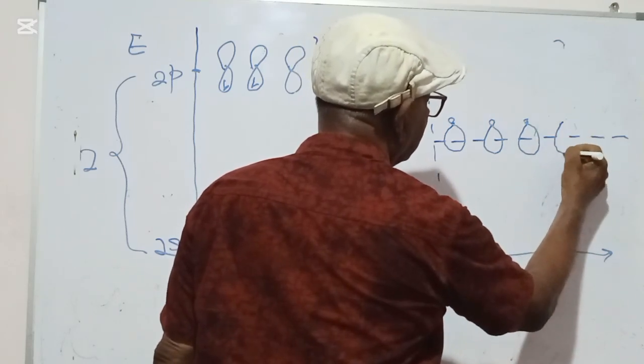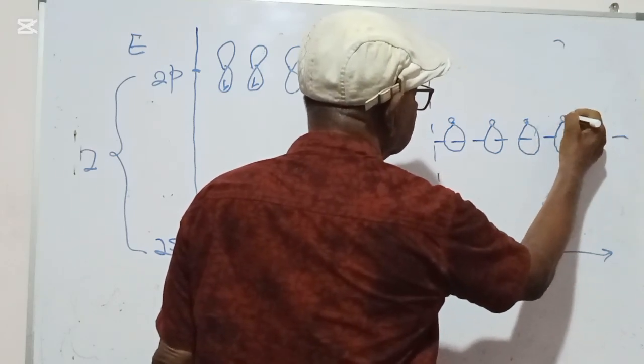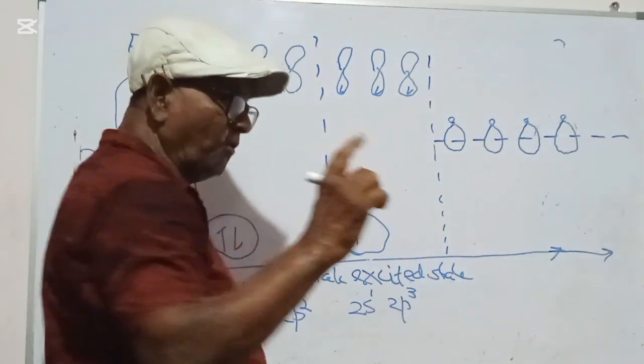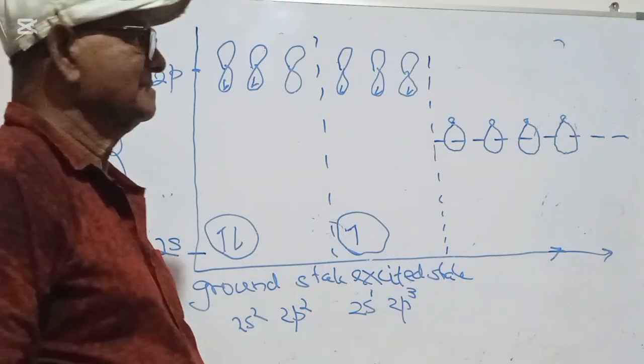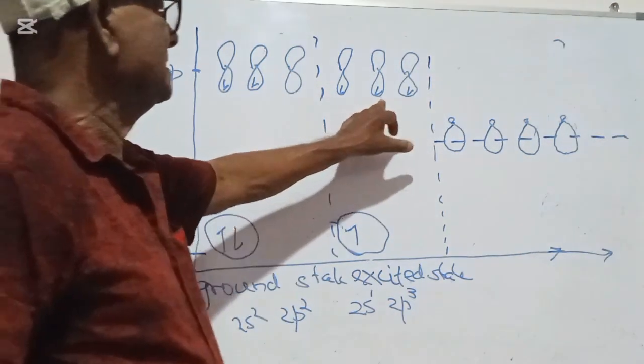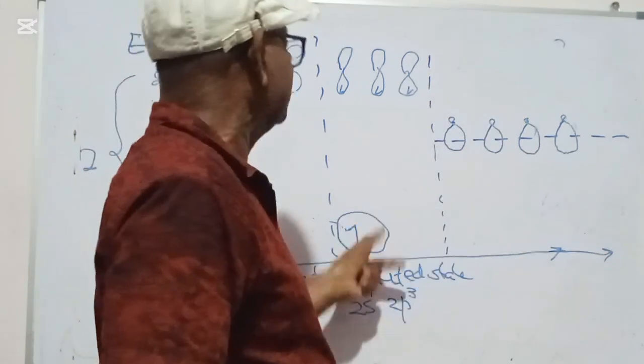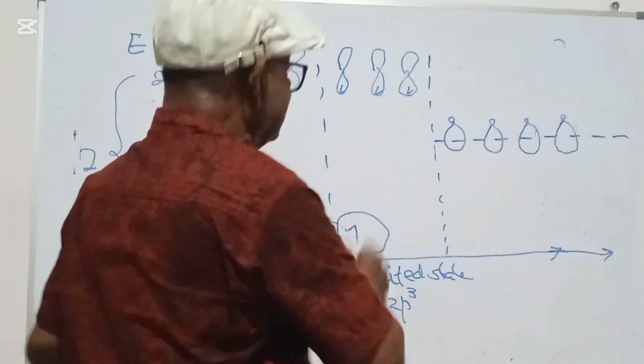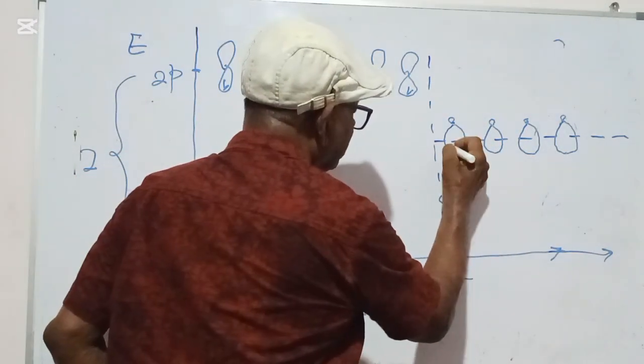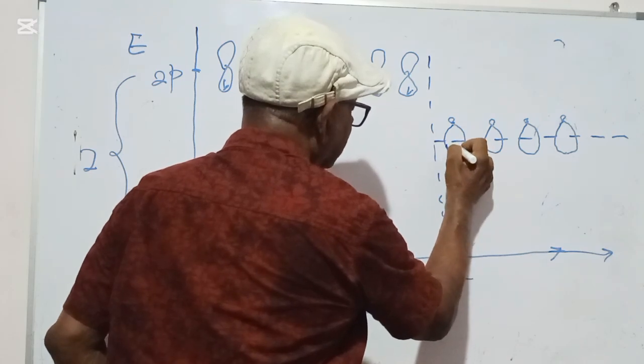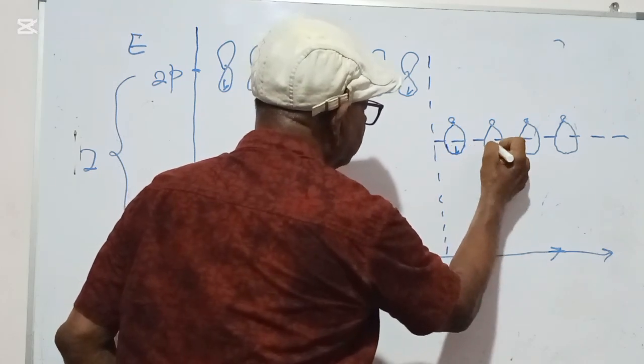Then there are 4 orbitals. 3 p orbitals combined with 1 s orbital. Then all have 1 electron in each.